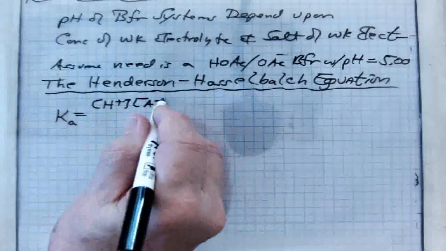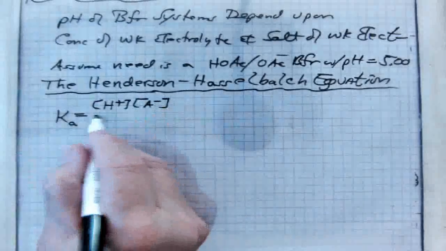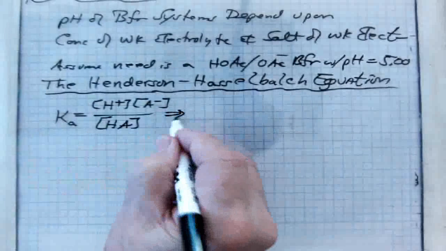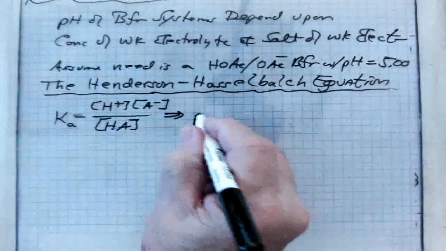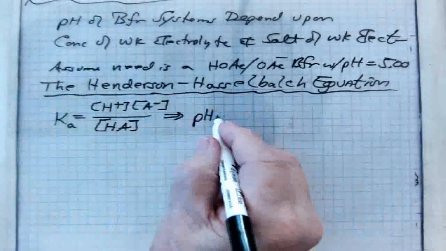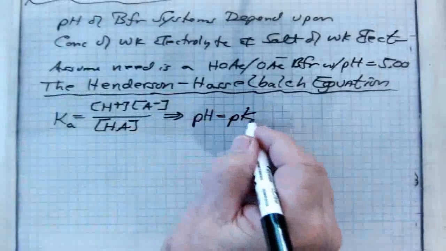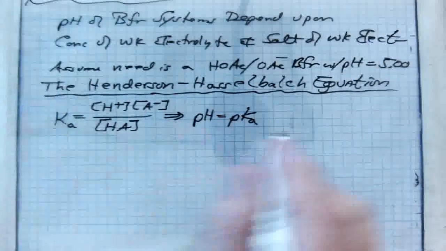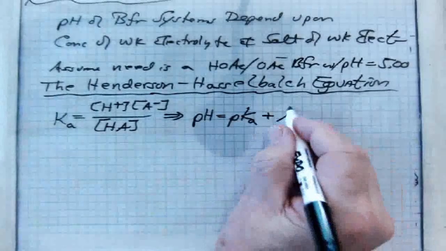Call the Henderson-Hasselbalch equation the H equation. I think that's easy enough. Remember pH equals pKa plus log, and in any text it's always in this published form: the base over the acid.